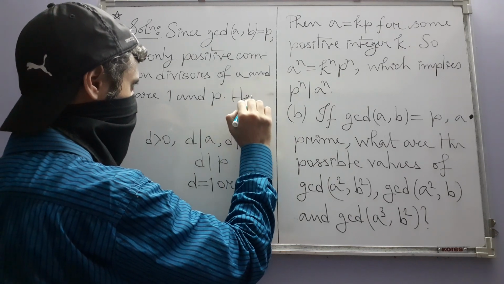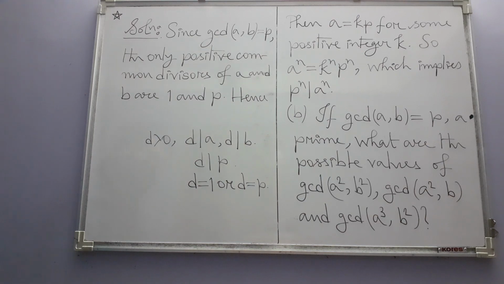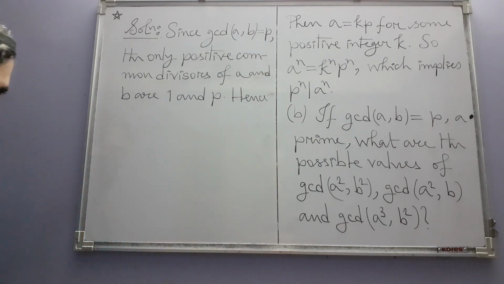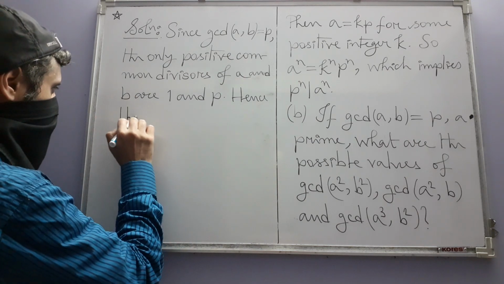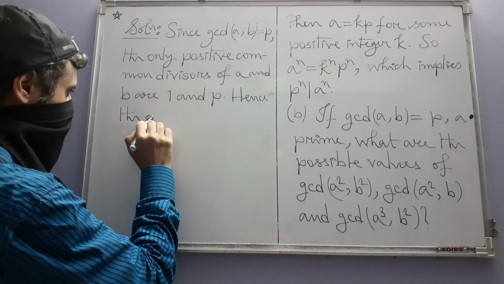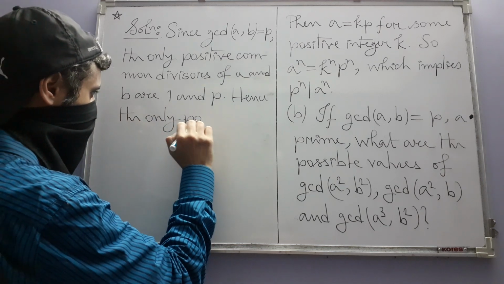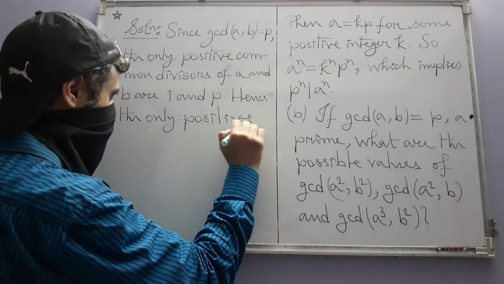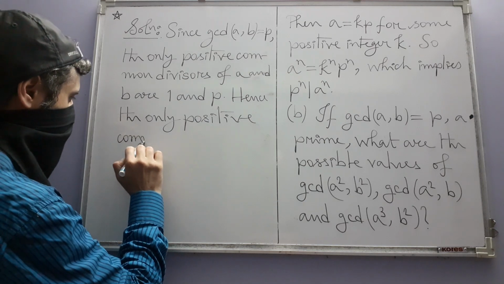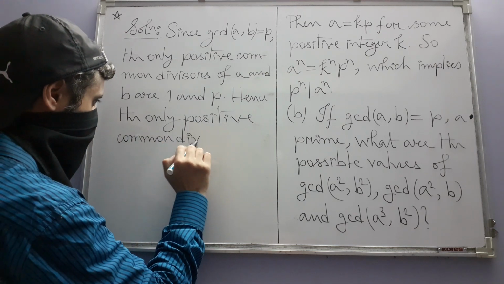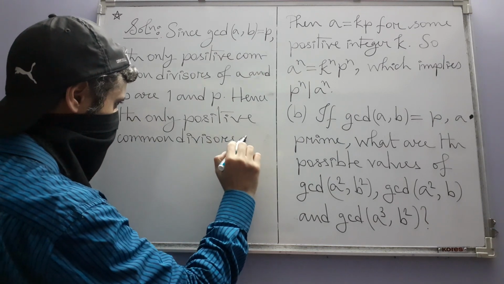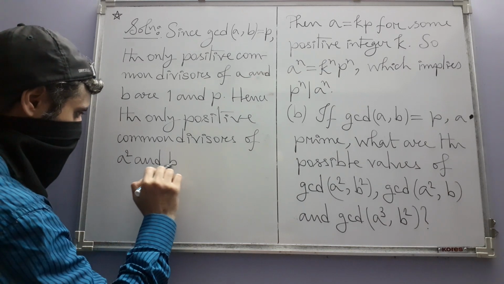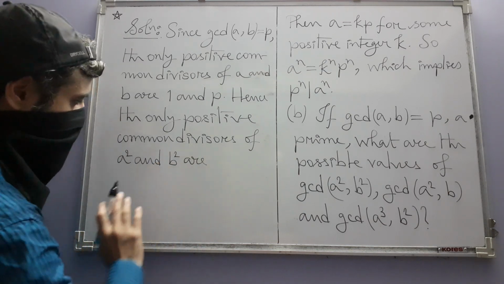Hence, the only positive common divisors of a square and b square are, now can we think of this?